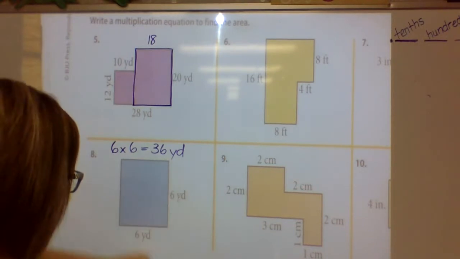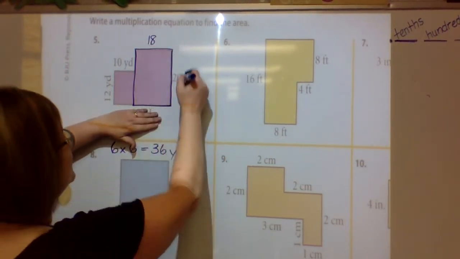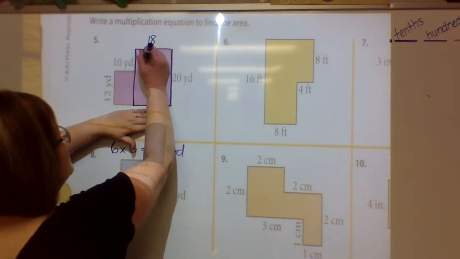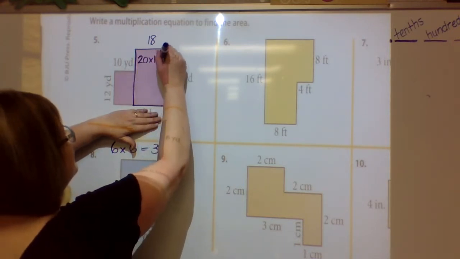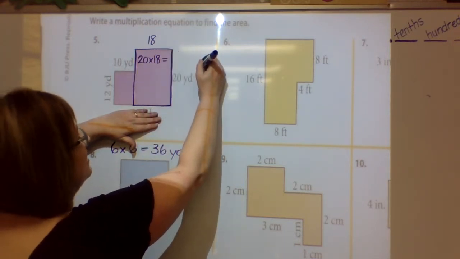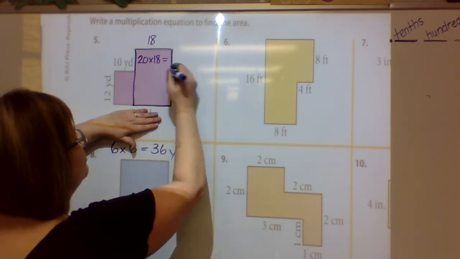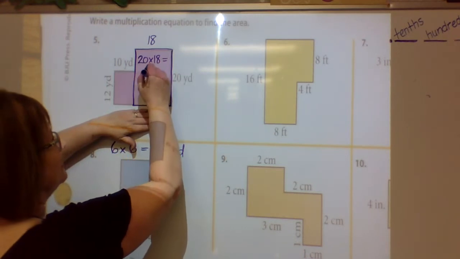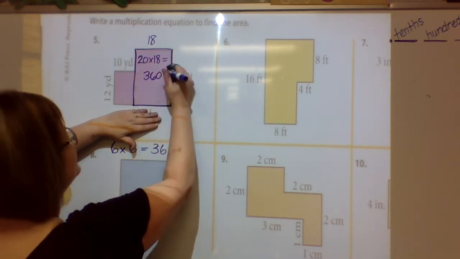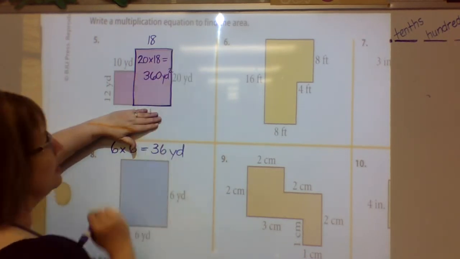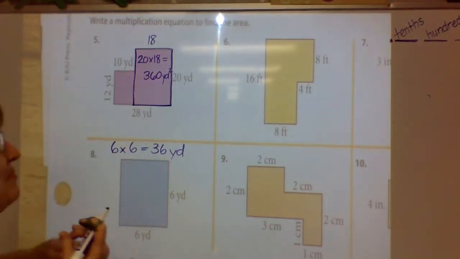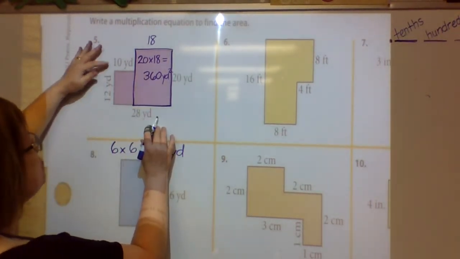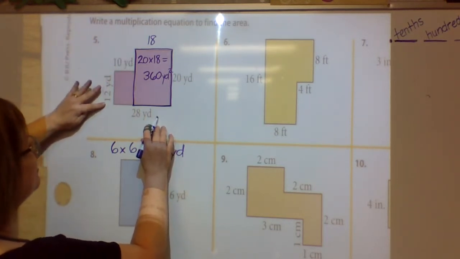Okay? So this measurement right here is going to be, I'm going to write it inside, 20 times 18 equals, if we drop our 0 and do 18 times 2, that's 36. So this one is 360 square yards. Okay? And then this one, we don't even need that 28 now because we know this one is 10 by 12.